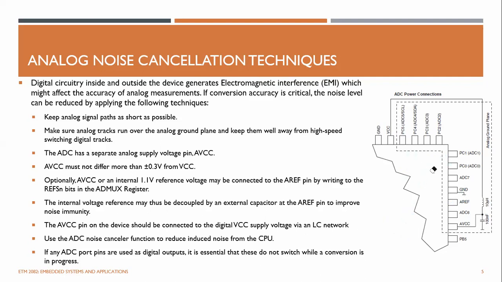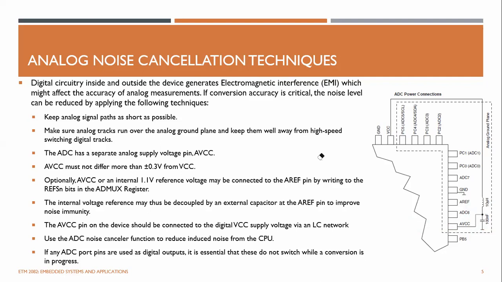In that case, you don't need to connect it externally. You can just connect the capacitor here and connect it to the ground. Then it will use the AVCC, and you have to define a few values for the registers to select this value. I will teach you how to do that.